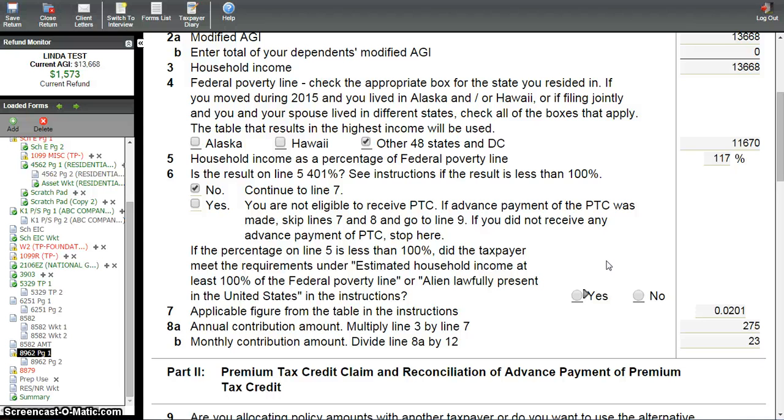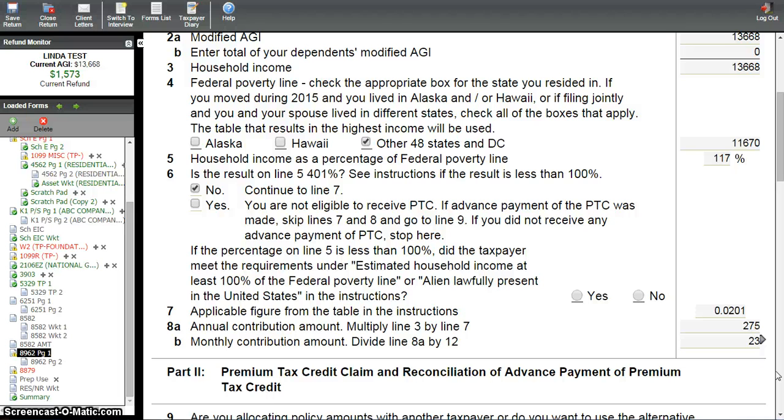However, they are entitled to purchase health insurance through the marketplace and receive the premium tax credit. That's one exception. The second exception is if their household income was above 100% of the federal poverty level at the time they enrolled in insurance through the marketplace.